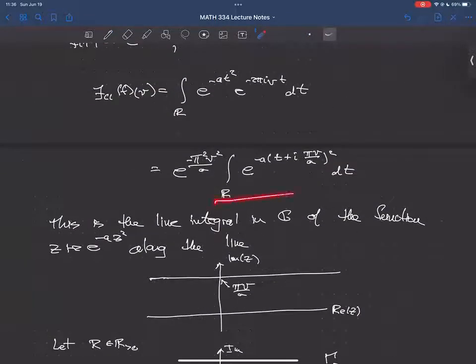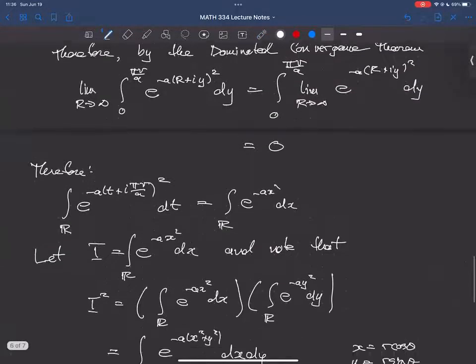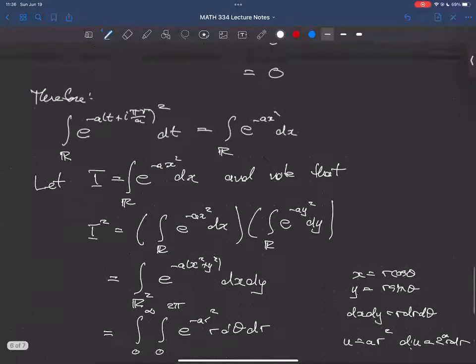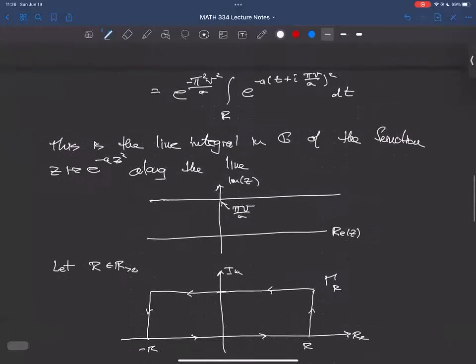What we've done now is we've calculated that that thing is root pi over a. And so the CCFT of f at nu, sorry, just want to make sure I got the sign right there.